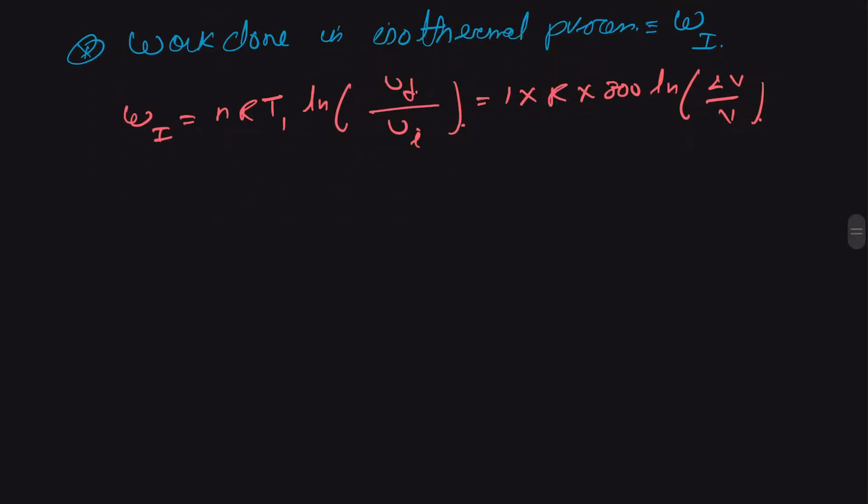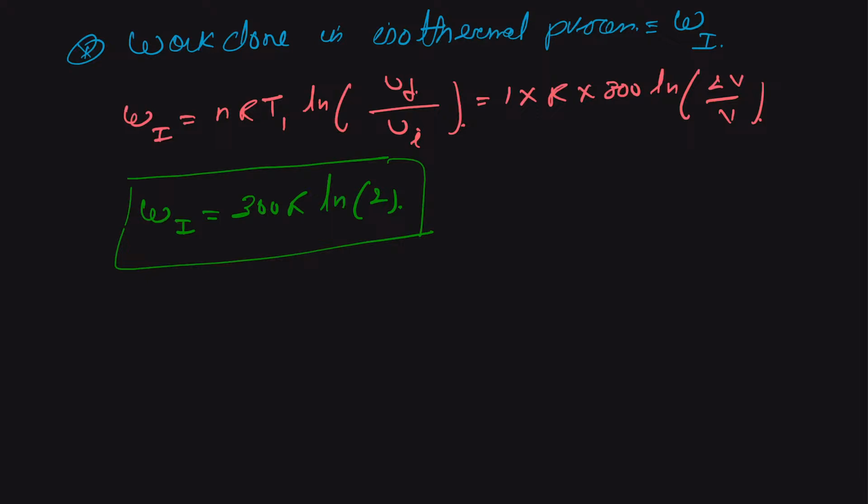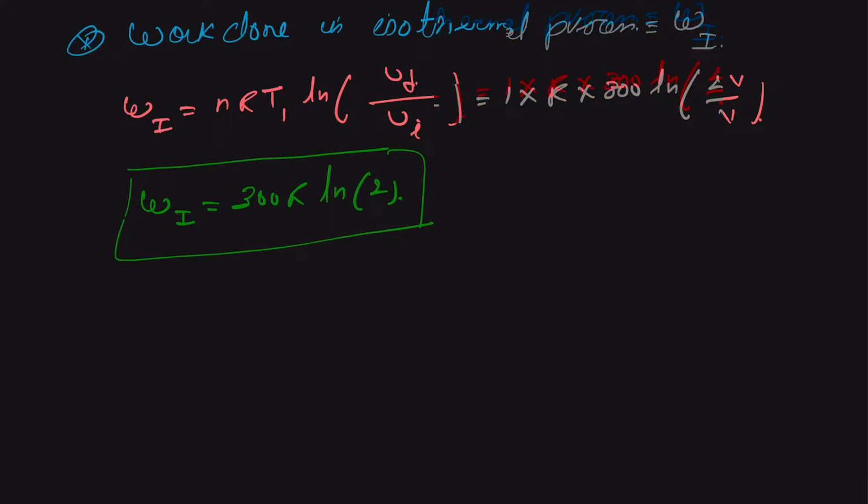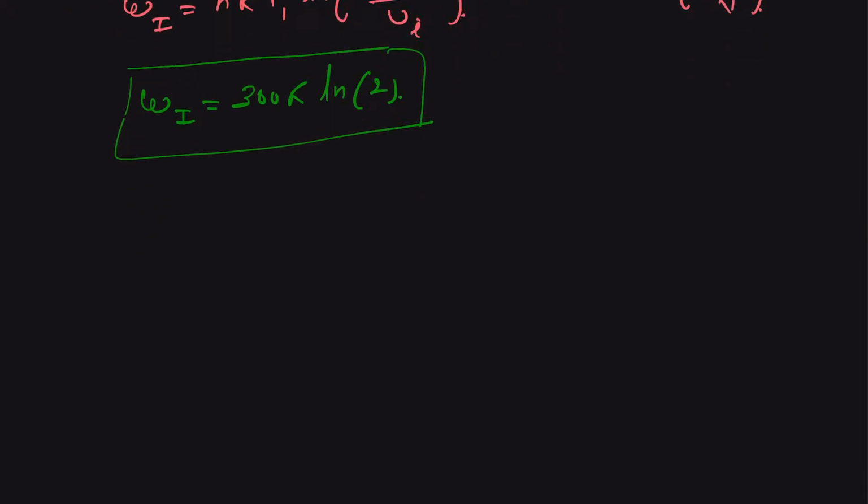Therefore, we get our work done in the isothermal process is equal to 300 R natural log of 2. Now we come to the work done in an adiabatic process.